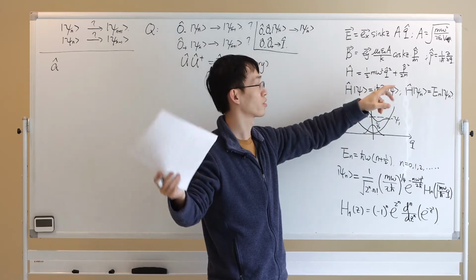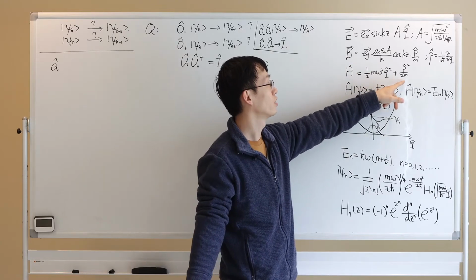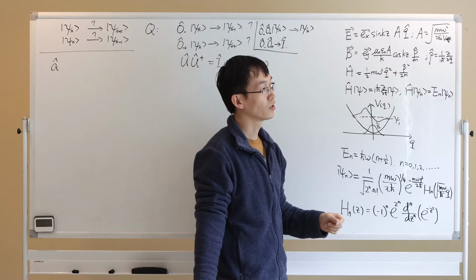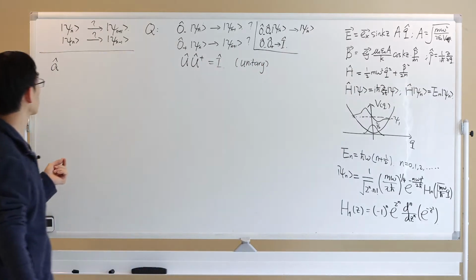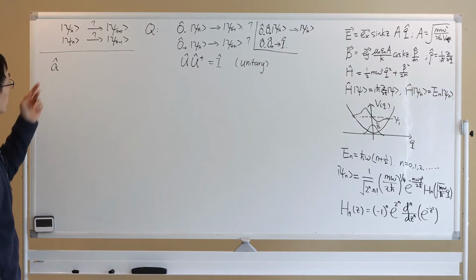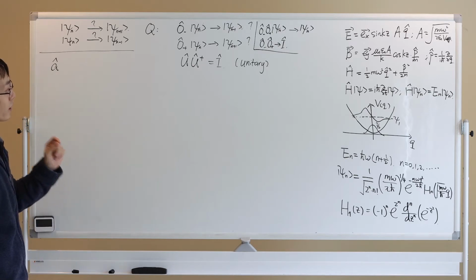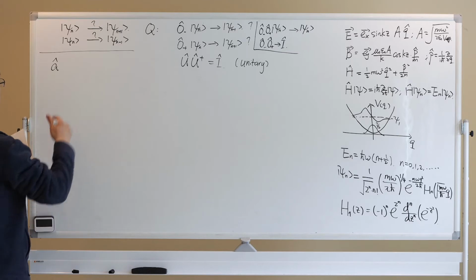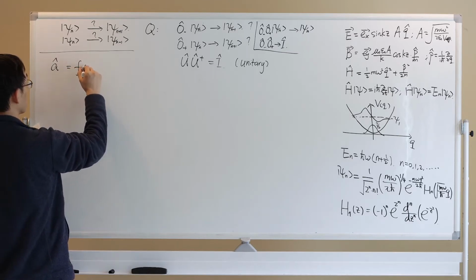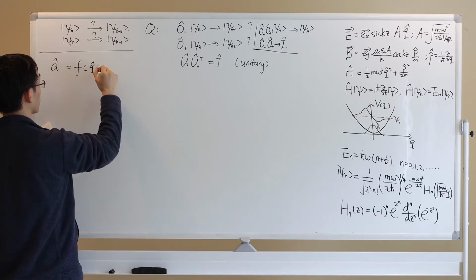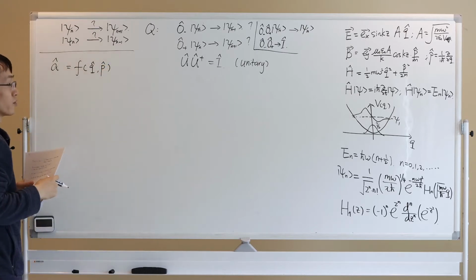Or you can think about it as the amplitude in the electric wave and the amplitude in the magnetic wave. So whatever this creation and annihilation operator is, it has to be a function of Q and P.